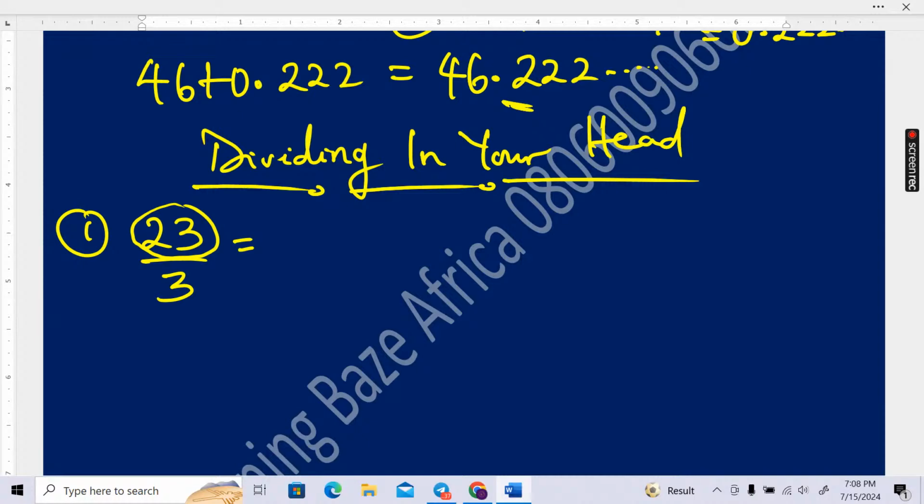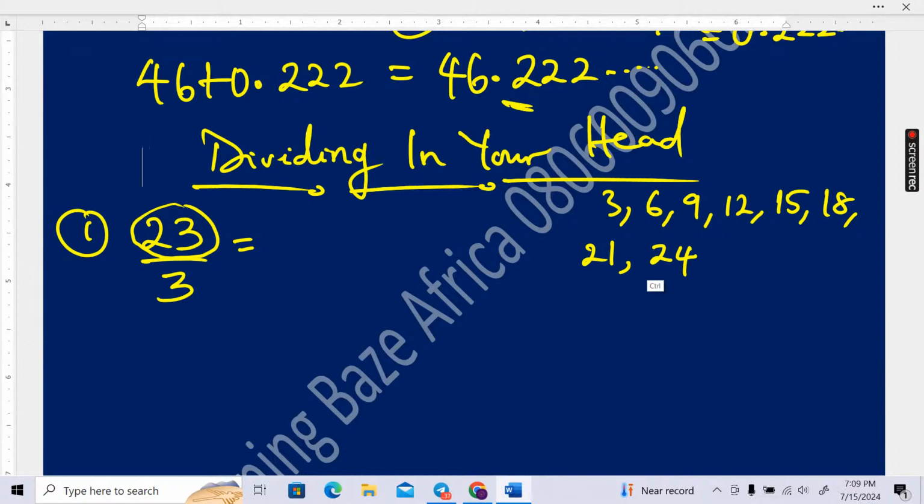Now, let me show you the multiples of 3 between 1 and 23. 3 times 1 is 3, 3 times 2 is 6. 1 is not a multiple of 3, so it begins from 3: 3, 6, 9, 12, 15, 18, 21, and 24. 24 is greater than the 23 that we have in the question, so we are going to take 24 out. So now the multiple of 3 that is closest is 21.